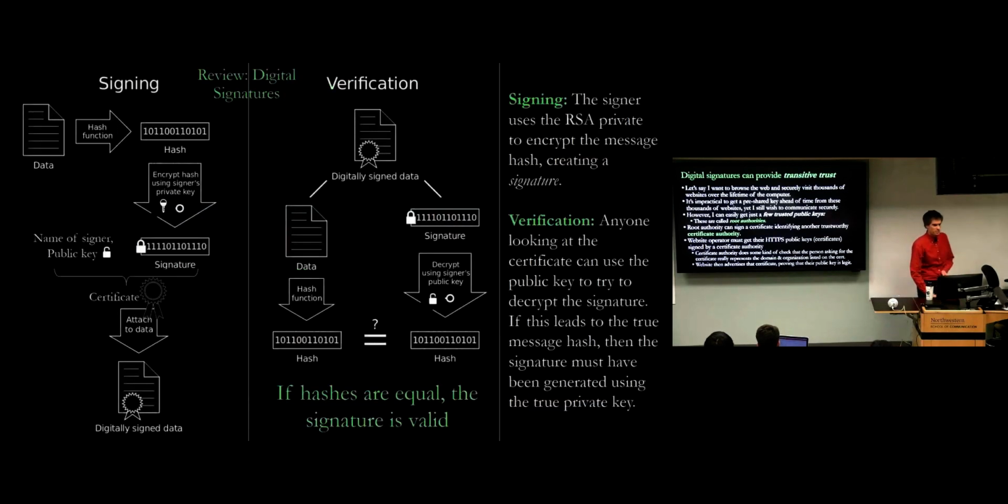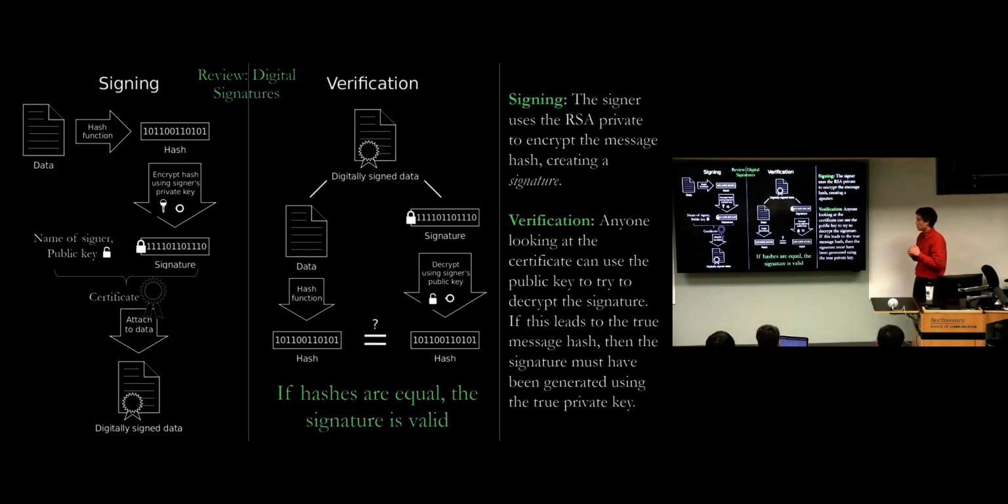So far what we have with digital signatures is a way for statements to be signed by people who have private keys and public keys, and for those statements to be verified by others who just have the public keys. And if somehow we know that certain people have certain public keys and they're holding the private keys, then later on we can check.